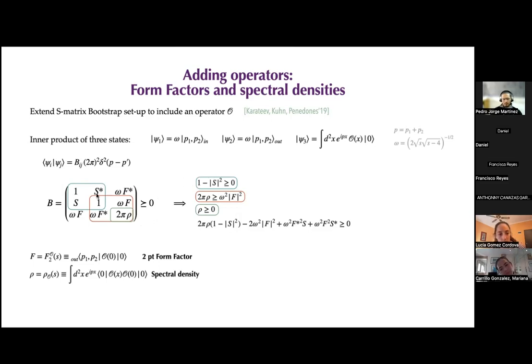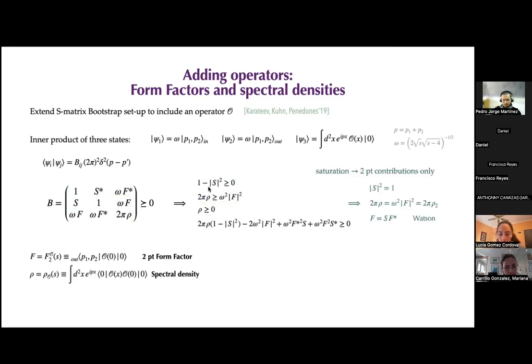This gives you unitarity. The one for this red one gives you this condition between the spectral density and the form factor. This last one gives you that the spectral density is positive, which you know as well. And then the big determinant, the 3x3, gives you a more complicated equation with all three pieces.